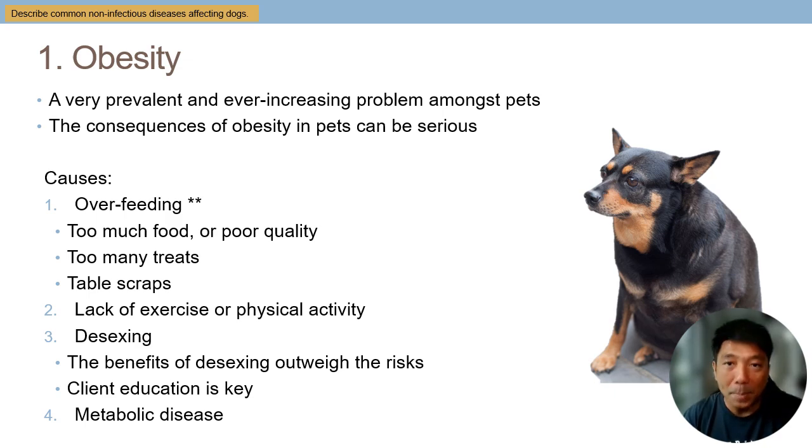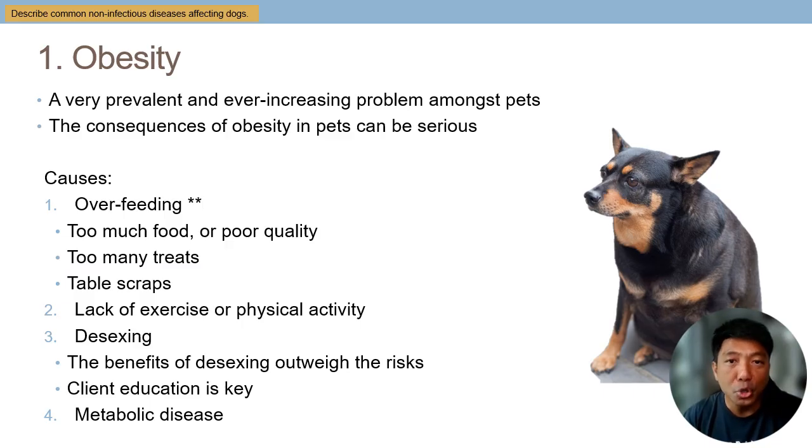Let's look at obesity, which is a growing concern for many pet owners. Obesity occurs when a dog consumes more calories than it expends, leading to excessive weight gain. The consequences of obesity can be severe, affecting a dog's joints, heart, and metabolic system.